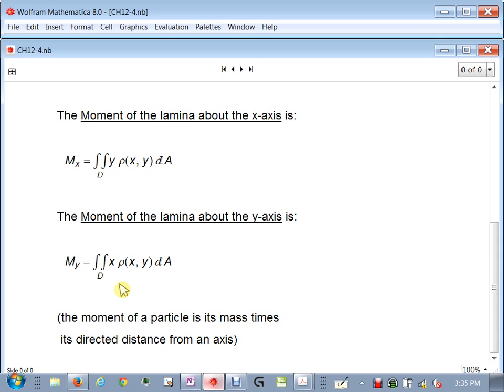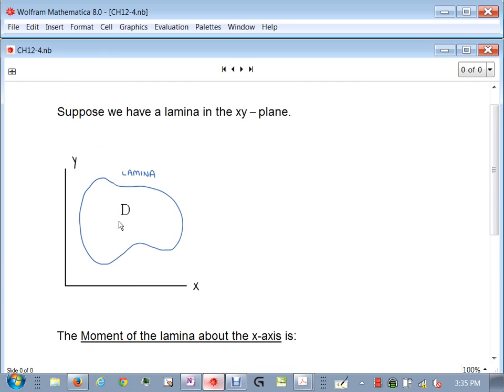And what is the moment? This is physics terminology. The moment of a particle is the mass times its directed distance from an axis. So if you have a lamina, and I pick some point right here, the moment at that point is the mass times the directed distance to an axis.